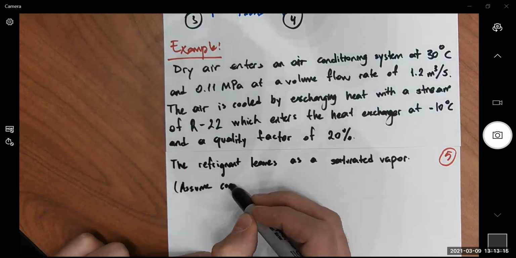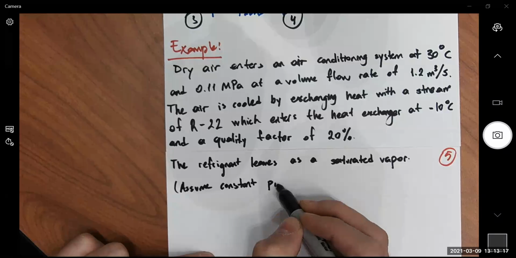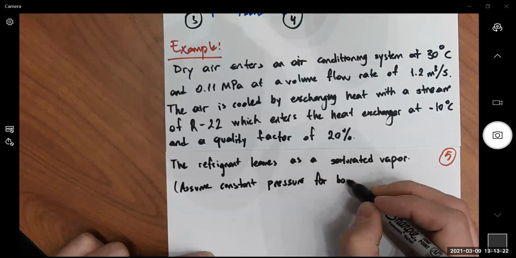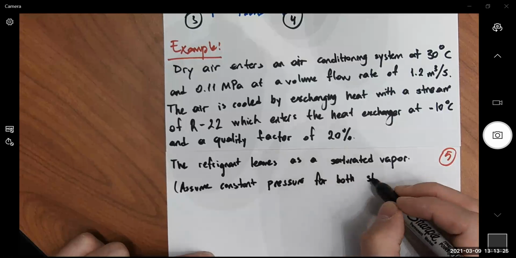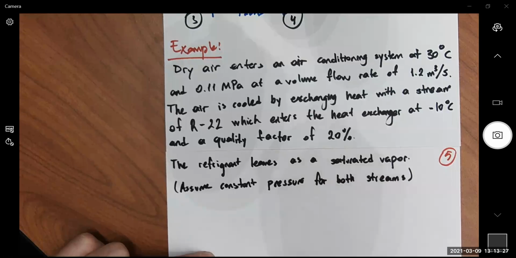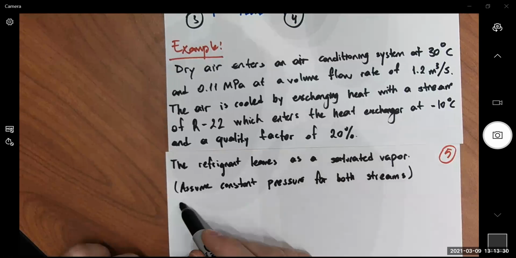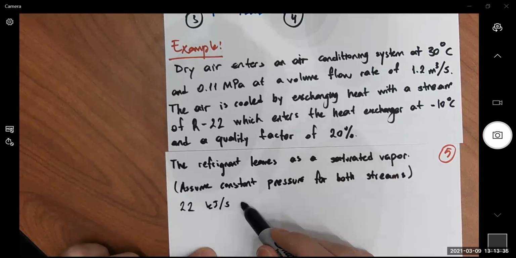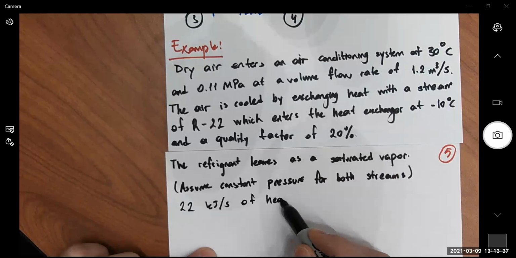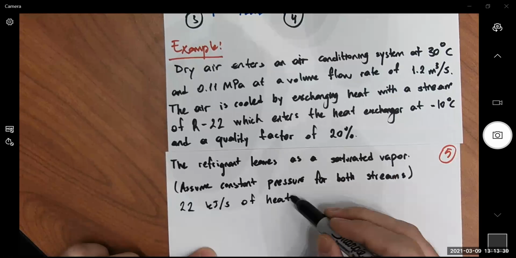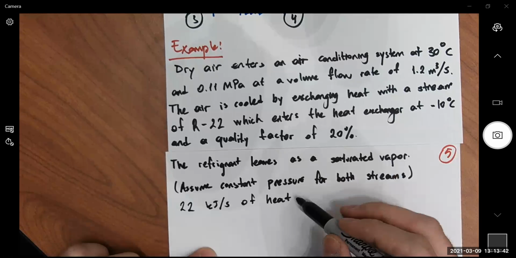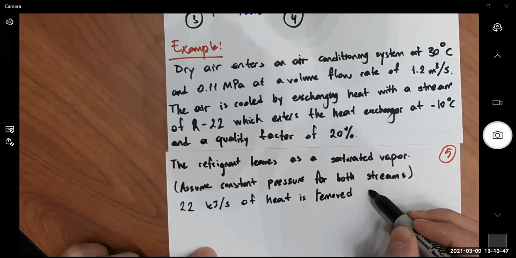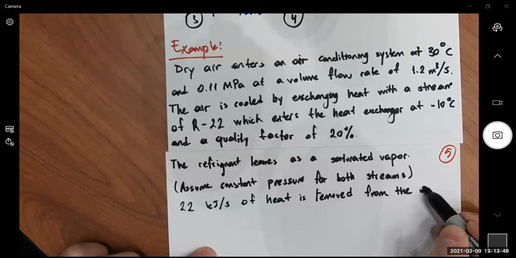Assume constant pressure for both streams. 22 kilojoules per second of heat is removed from the air.